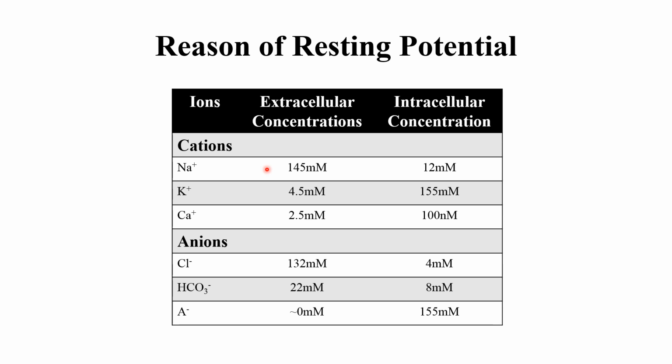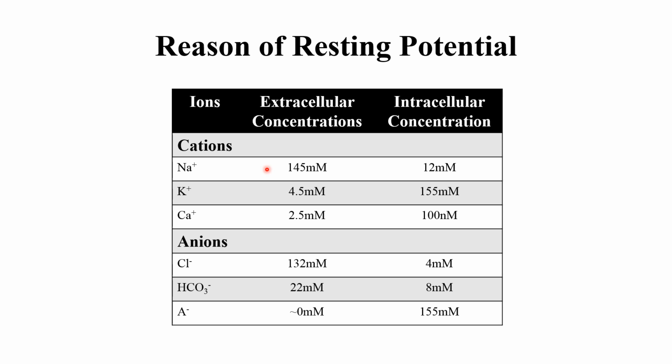I mean, a difference of ion concentration inside the cell and outside the cell. And we know the extracellular material of the cell is fluid, and the intracellular material is also fluid, in the form of cytoplasm. So they have a difference of charges between them.